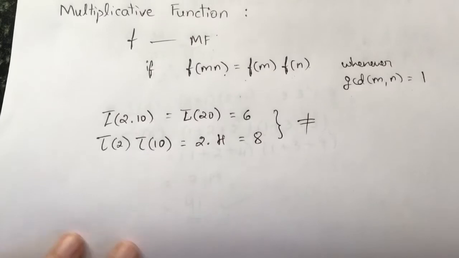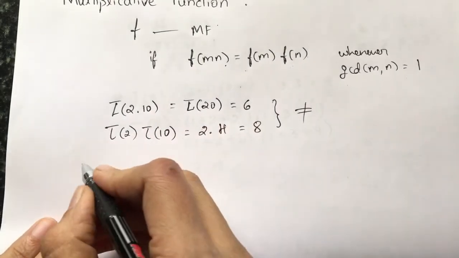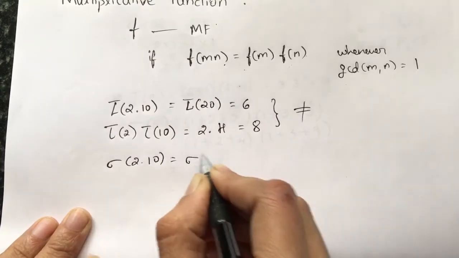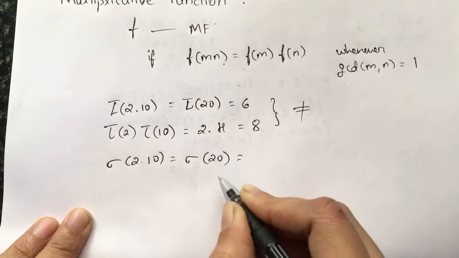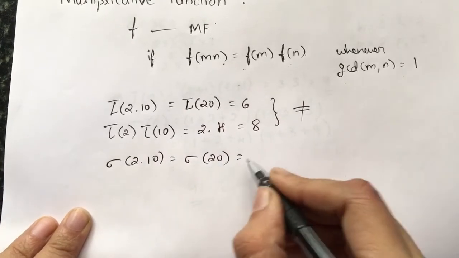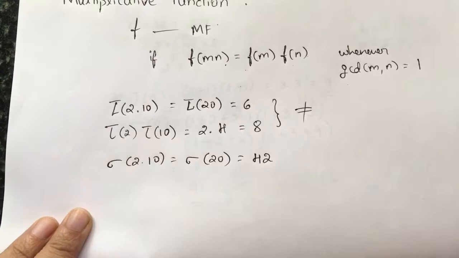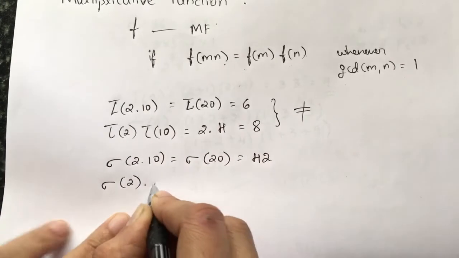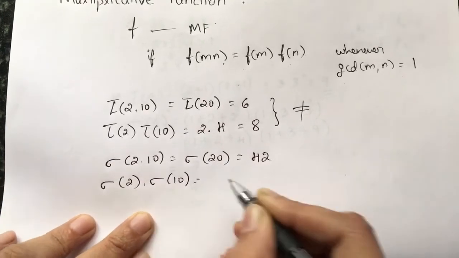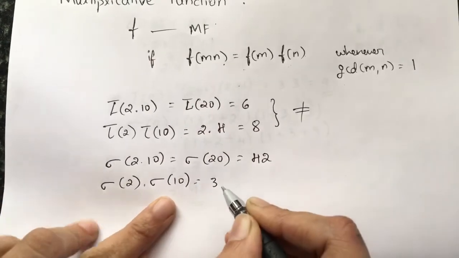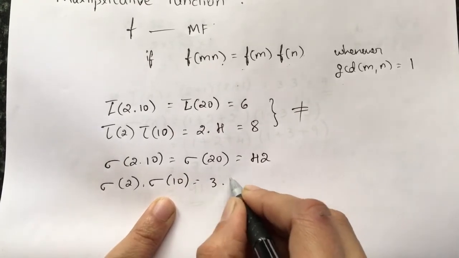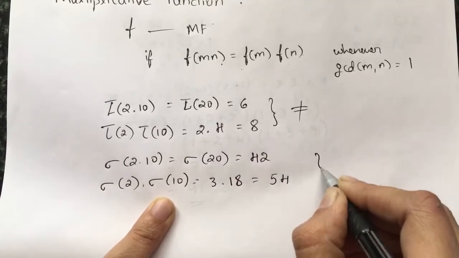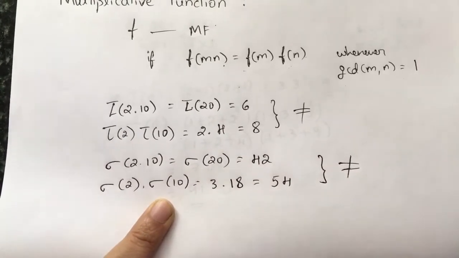At the same time, if I take sigma of 20, sigma of 2 into 10, the sum of the divisors of 20, it comes out to be 42. And sigma of 2 into sigma of 10: sigma of 2 is 3, that is 2 plus 1, and sigma of 10 comes out to be 18, so 54, and they are not equal, right?